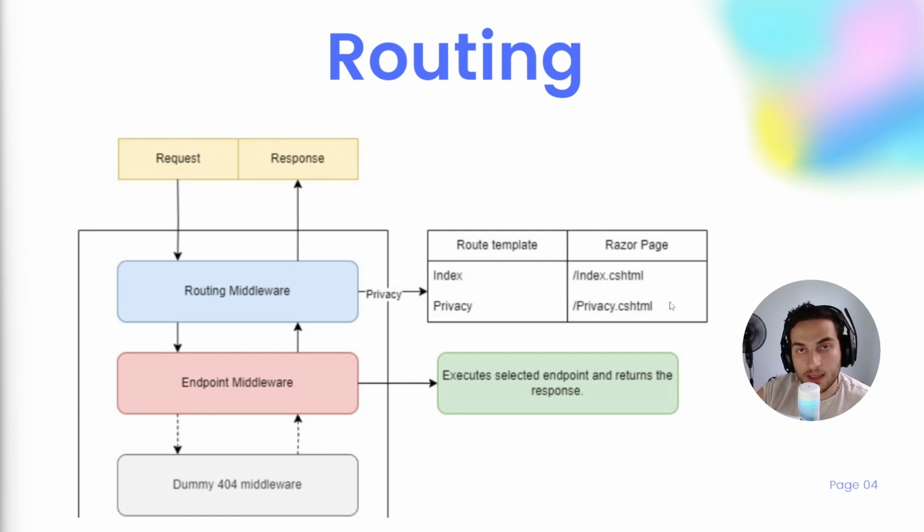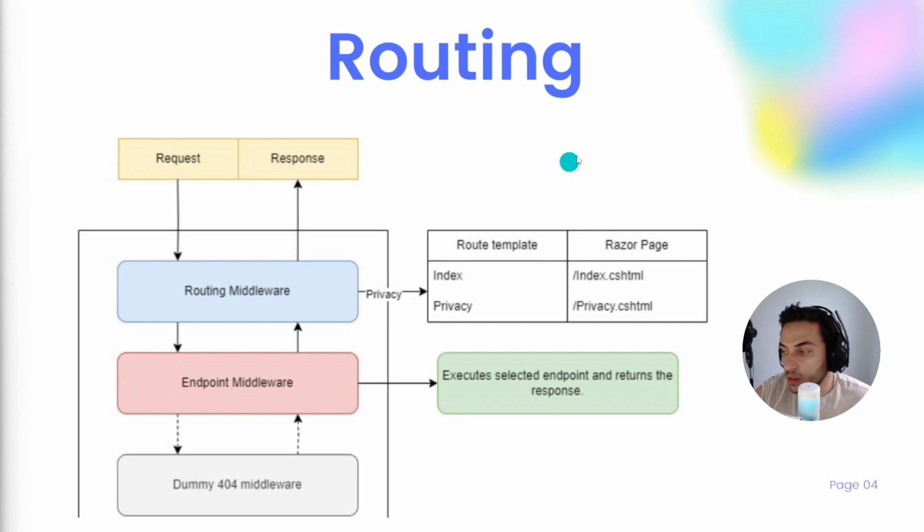This is a little bit more advanced, but I want you to know the difference, because the routing middleware is going to write down this information of the request, which Razor page should be executed. And now you know that when we say this, behind the scenes, a page model is going to be created, and then the corresponding page handler is going to be executed.